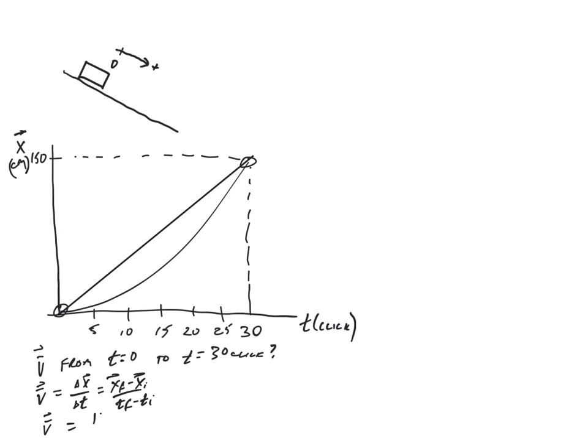Average velocity is going to be 150 centimeters divided by 30 clicks, or 5 centimeters per click. And remember what that means is that for every click of time, the position of the puck changes by 5 centimeters. Now that's kind of weird because, does it?